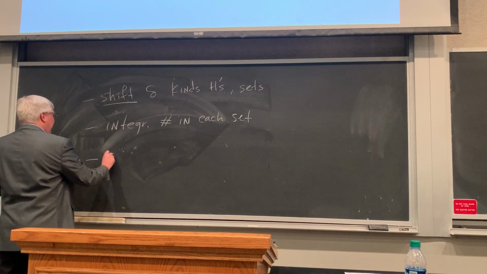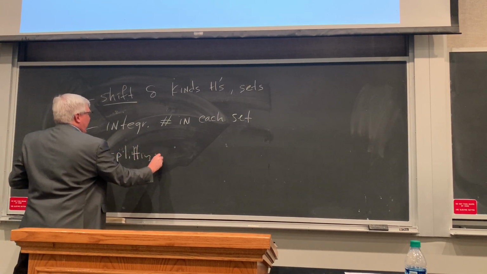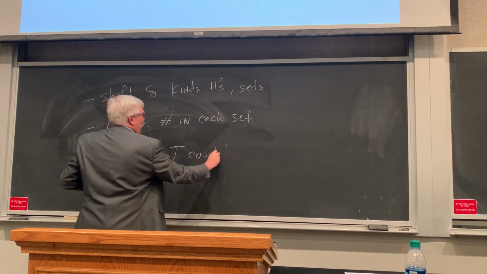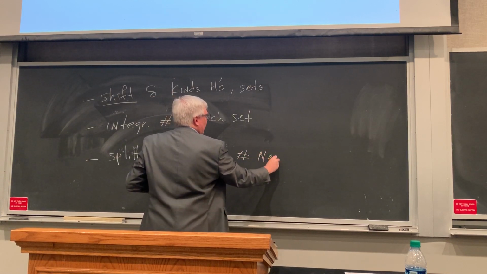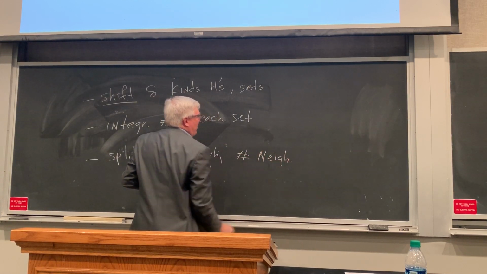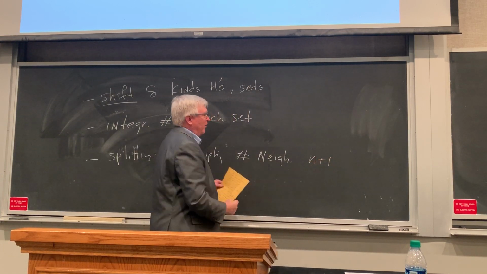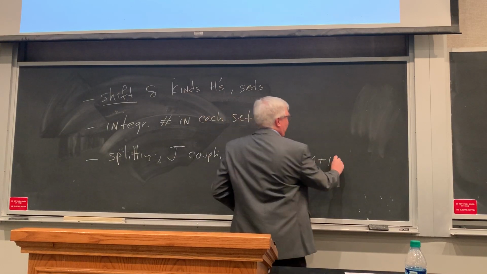But then we combine this with the splitting, and the splitting tells us the J value or the coupling, and that tells us the number of neighbors. Okay? And the number of neighbors goes into this little simple formula. Number of neighbors plus 1 gives us the multiplicity.